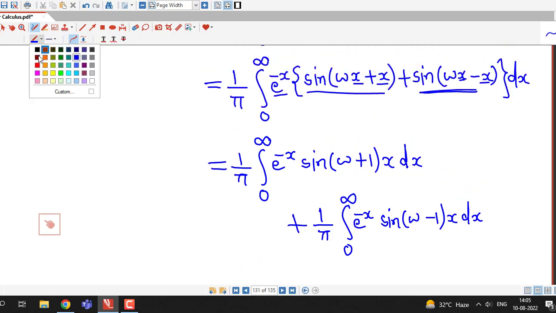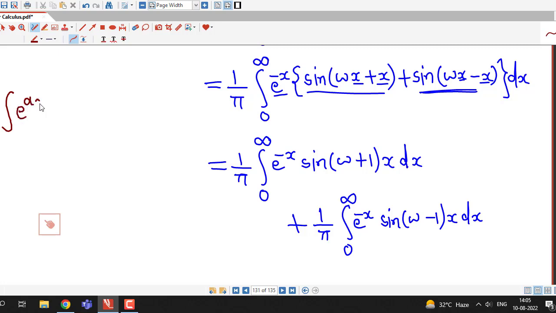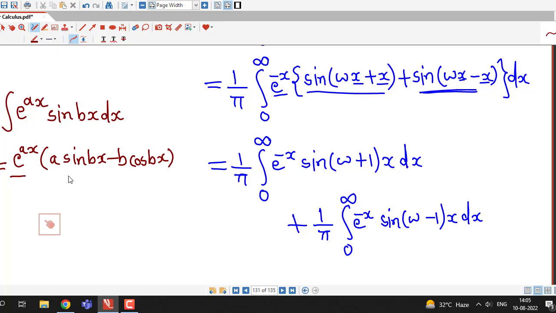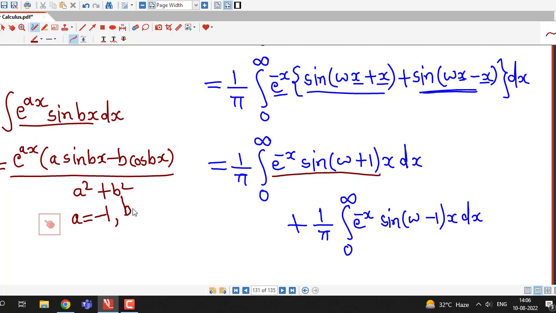So here we will use this formula, integral of e raised to ax sin bx dx equal to e raised to ax times a sin bx minus b cos bx divided by a square plus b square. For the first integral, if we compare with this, the value of a is the coefficient of x in e raised to minus x, which is minus 1, and b is the coefficient of x in the sine function.